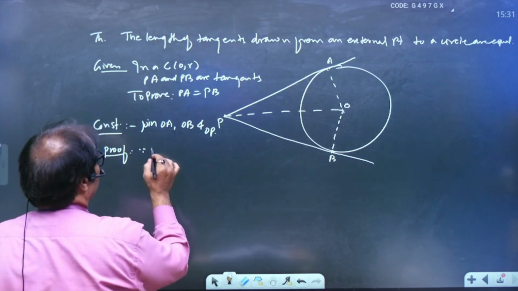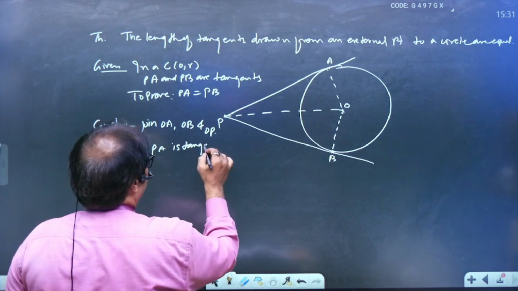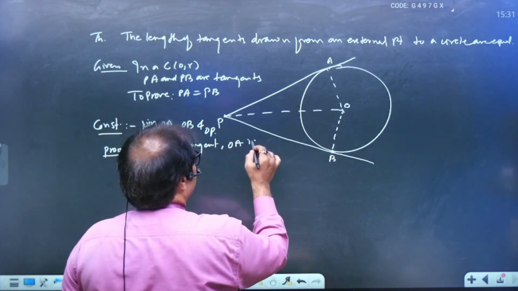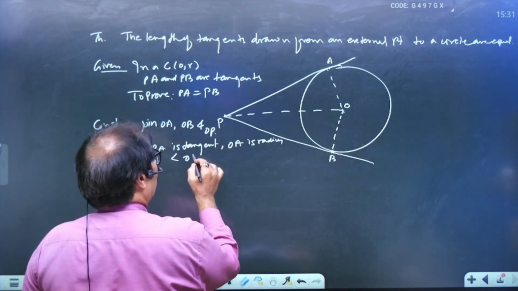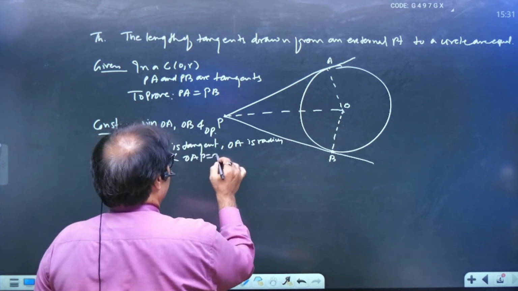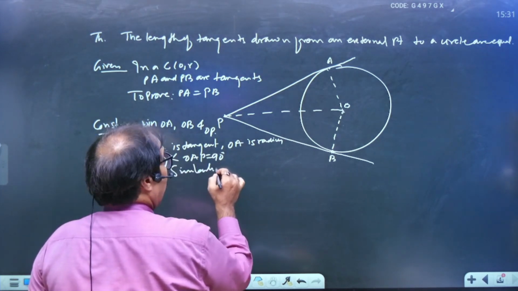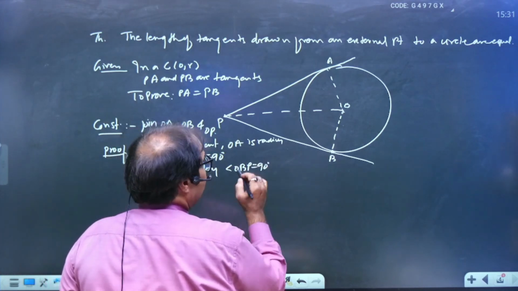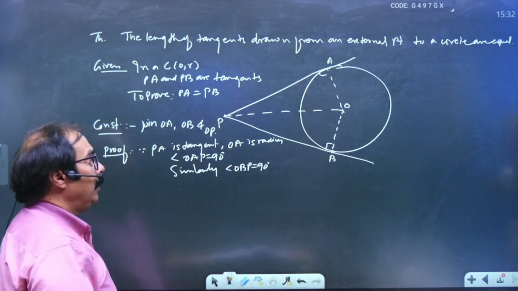Now come to the proof. Since PA is tangent and OA is radius, therefore angle OAP is equal to 90 degrees. Similarly, angle OBP is also 90 degrees.